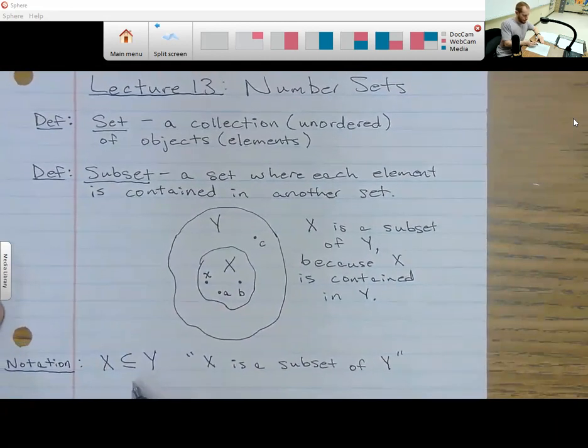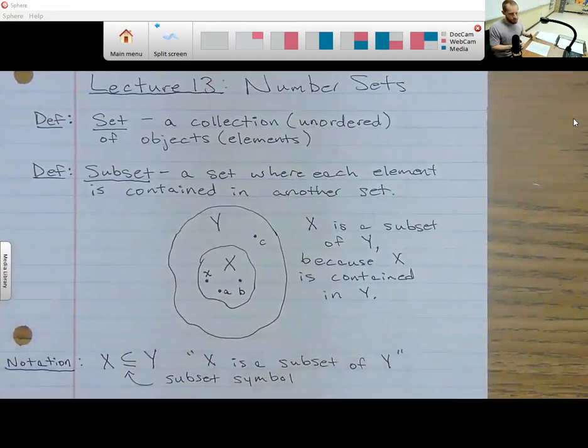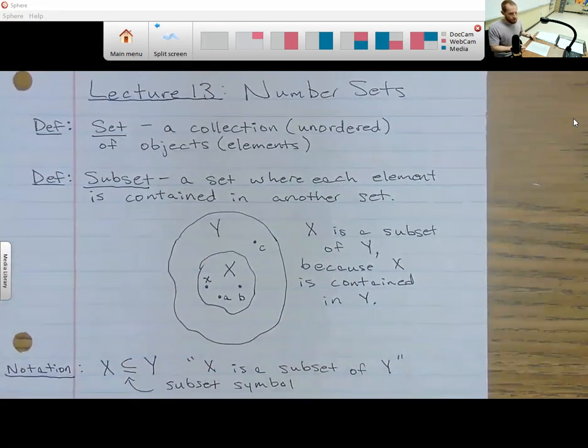And this little symbol right here is called the subset symbol. So we have a set X and we have a set Y. X is fully contained in Y. So we say that X is a subset of Y.